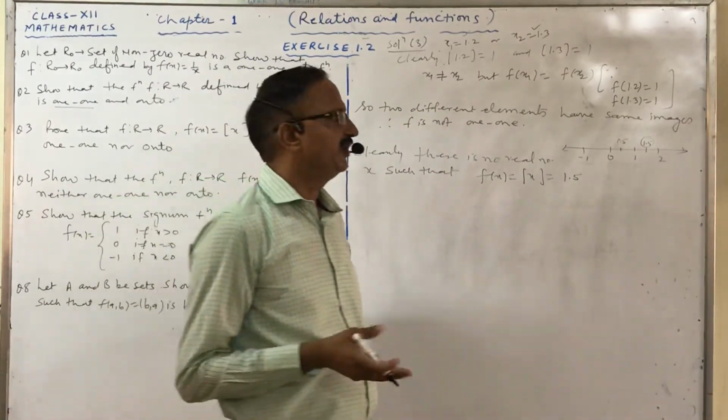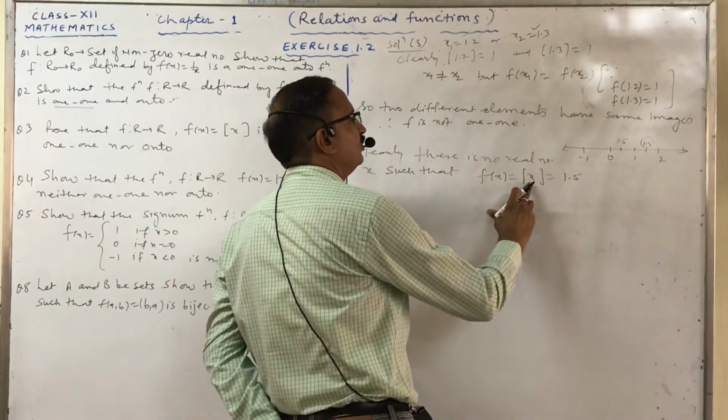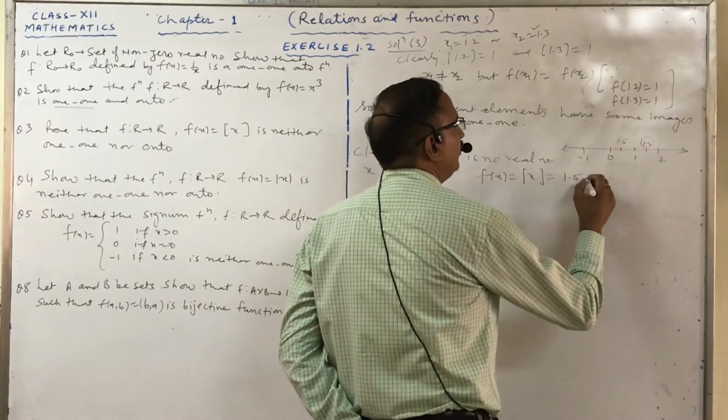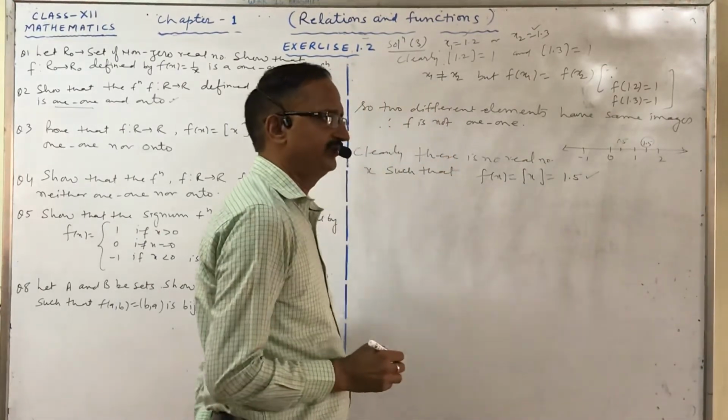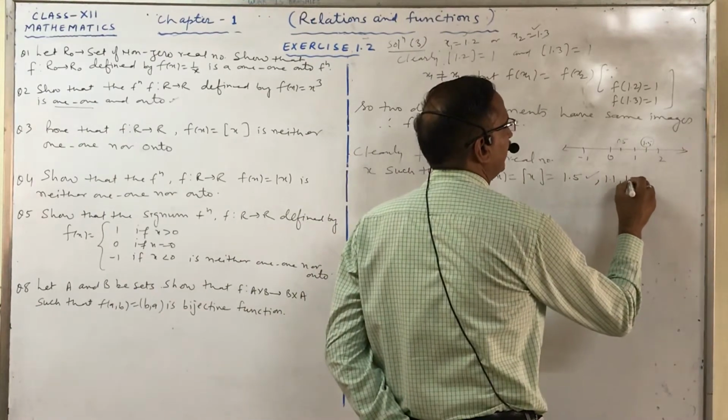Take any example, 1.1. It means there is no real number x for which the image is 1.5. Or suppose 1.1, 1.2.